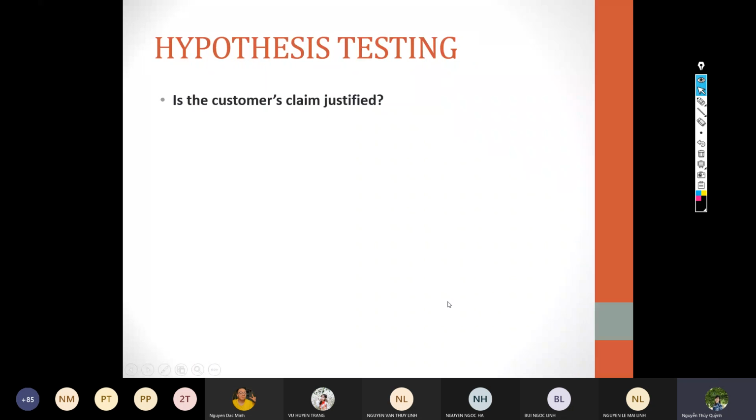The last one, hypothesis testing. Based on the sample statistic, the customer believes that the average weight of all tea bags manufactured by that company is less than 20 grams. So is the claim justified, or do we have enough evidence to support the belief of the customer?